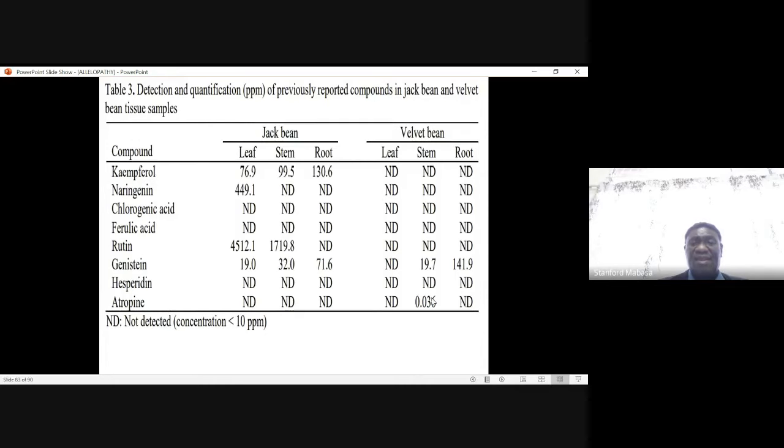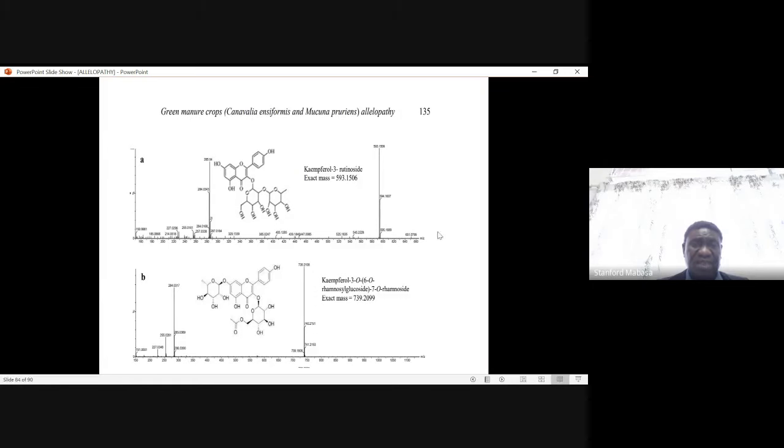Atropine was not detected in these two green manure cover crops. Atropine is mainly found in Datura stramonium. So these are some of the compounds which were detected in Dr. Rugari's study, searching for these allelochemicals.